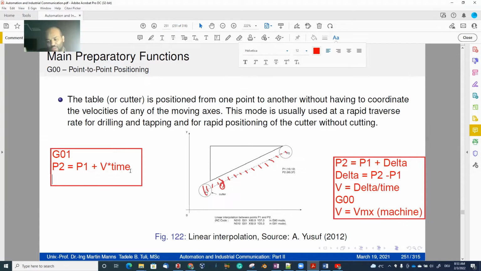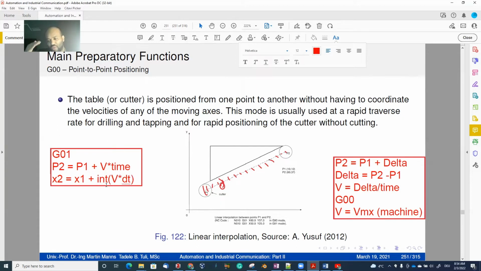Maybe just let's talk about X and Y. So for the X axis, X2 equals X1 plus the integral of V times dt, right?